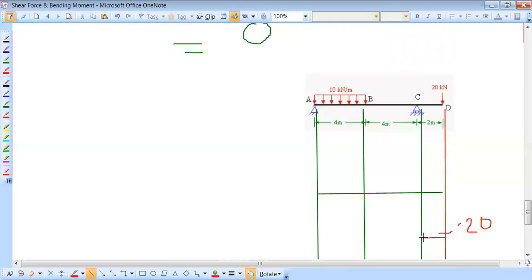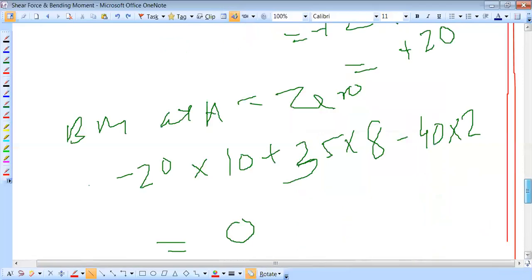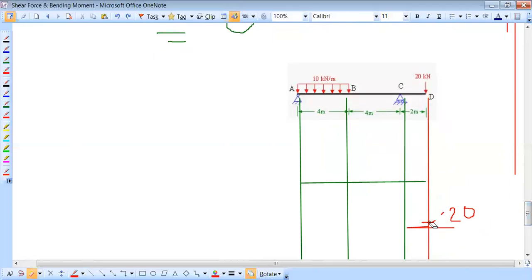Then what is the value at C? We have already found out the value of C. So C is equal to how much?